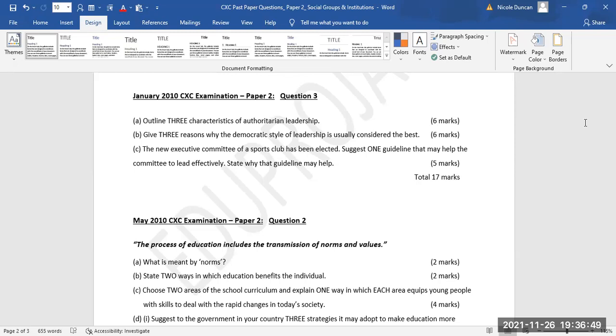Okay, so we have the next part B now, value 6 marks. We're asked to give 3 reasons why the democratic style of leadership is usually considered the best style of leadership. And again, you realize this is a repetition of some of the other questions.